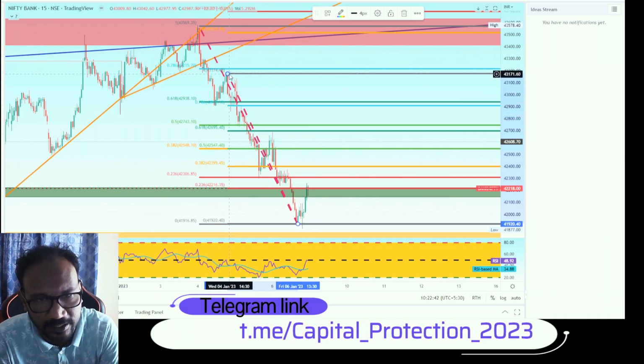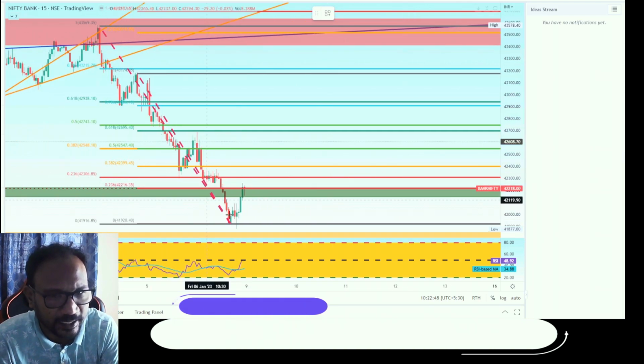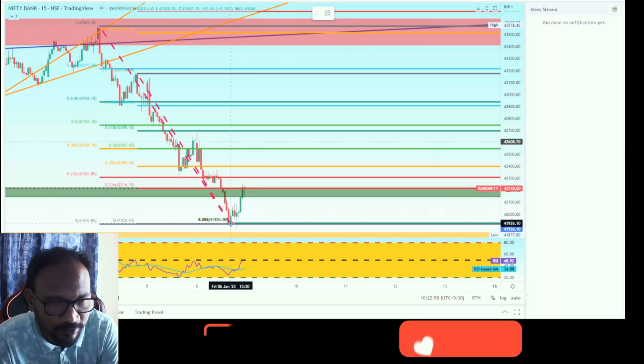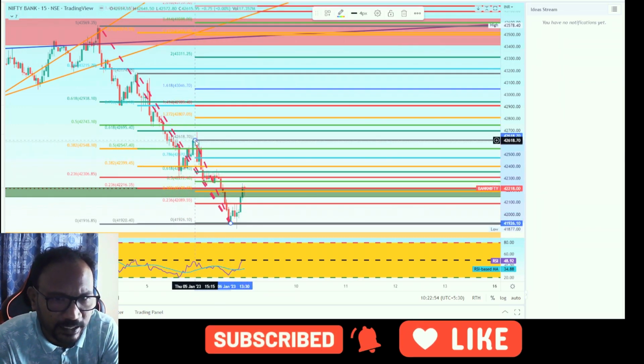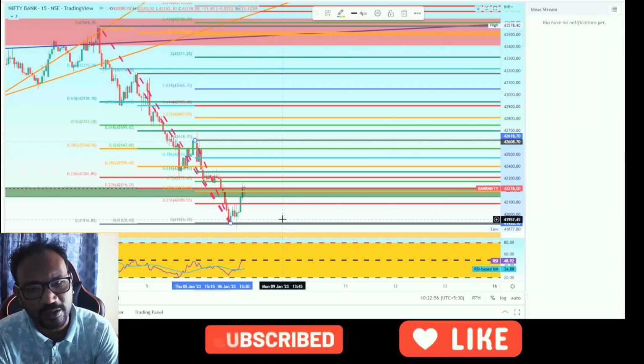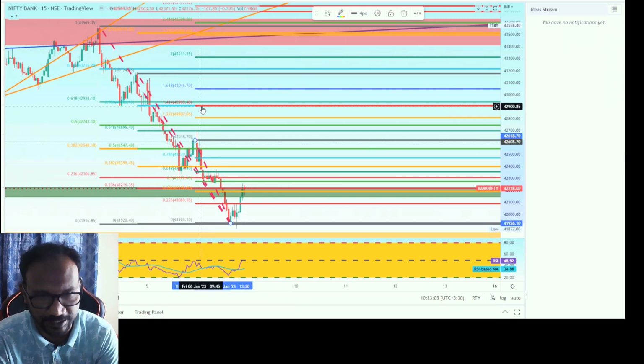Then I'm taking this as my second swing high. And third, I can also take one more from this level. So why do we do so many levels? Because to improve the accuracy of the levels, we need to map from one single point and then extend it to various points that might be of interest.